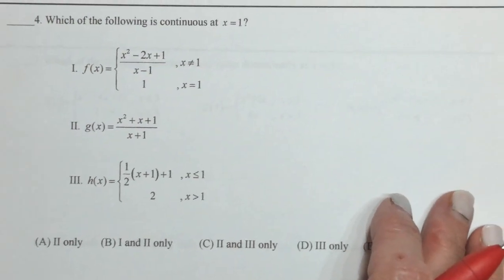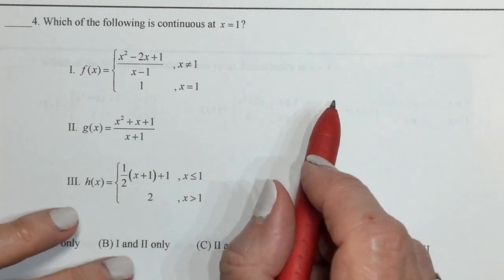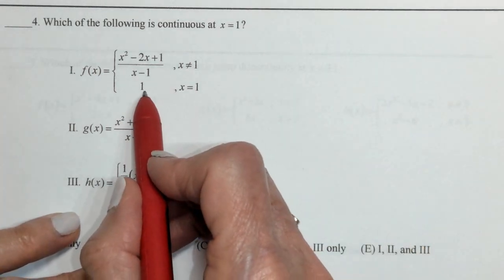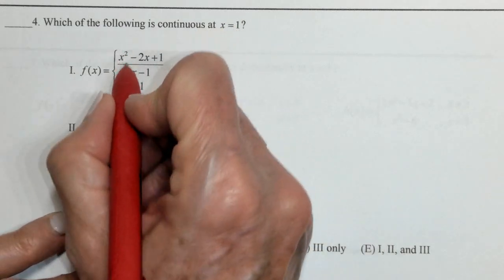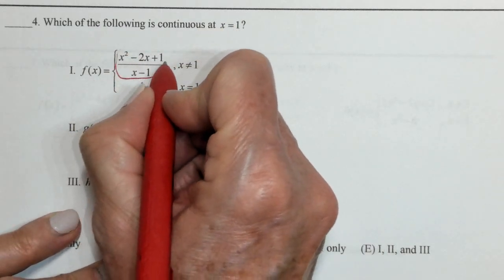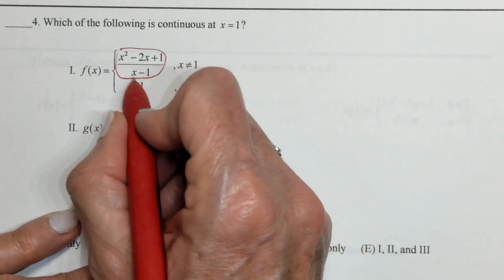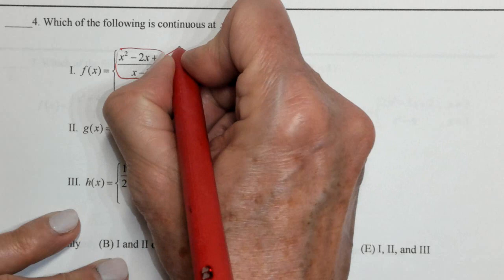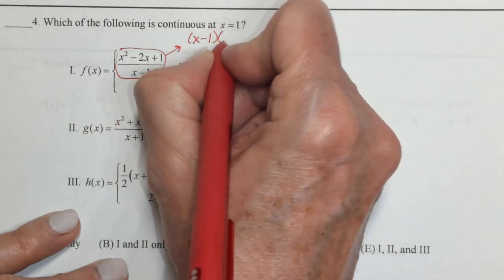Number 4, which of the following is continuous at x equal to 1? Well, let's see. This piecewise function is equal to this, but only if x is not equal to 1, which would make that denominator 0. I can factor that numerator into x minus 1 times x minus 1.